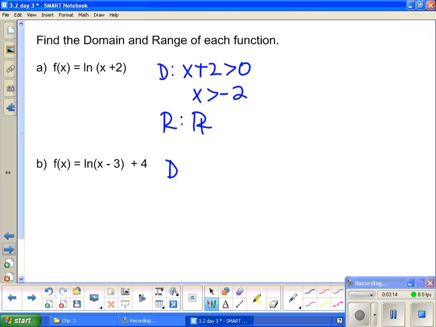Here, my domain, x minus 3 has to be greater than 0, so x has to be greater than 3, adding 3 to both sides. Range, all real numbers. Exact same thing with any logs.